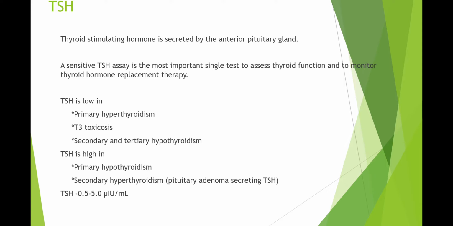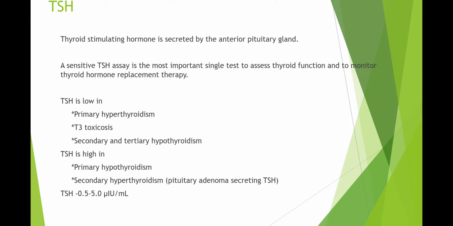TSH. The thyroid stimulating hormone is secreted by the anterior pituitary gland. A sensitive TSH assay is the most important single assay to assess thyroid function and to monitor thyroid hormone replacement therapy.